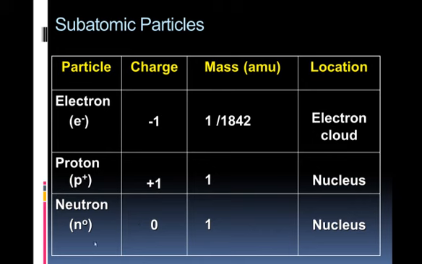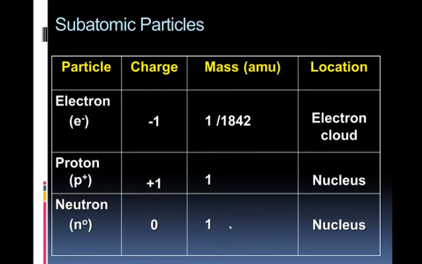Inside that nucleus, we also have the neutron. Notice its first 5 letters are N-E-U-T-R. That would be the first letters of neutral, which means no charge. You do often see it abbreviated as n or n with an exponent of 0, just to show that it has no charge. It does not affect the atom overall. But it is what gives us our isotopes, so we'll get into that very soon.